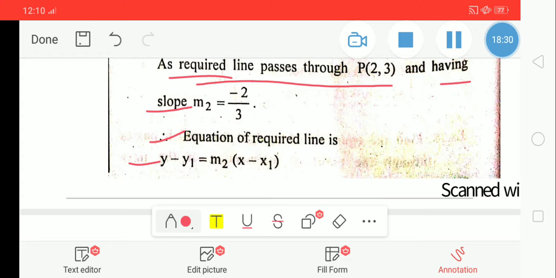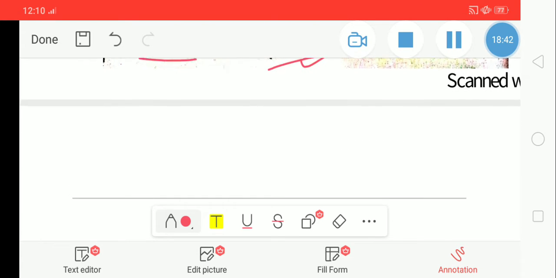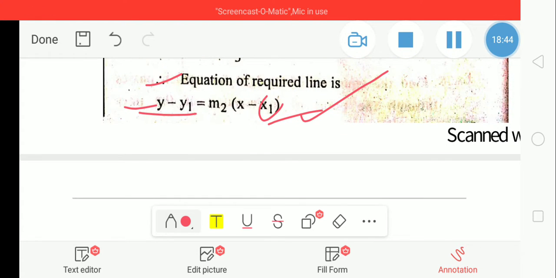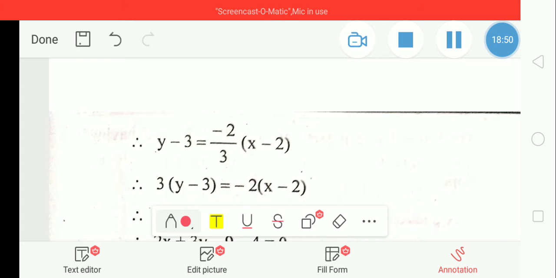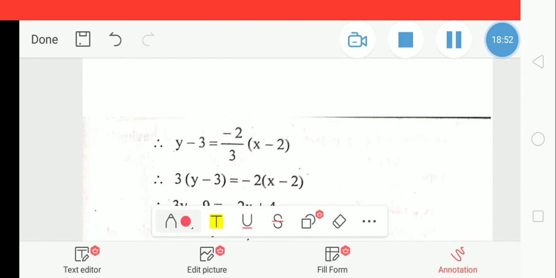Where did we write this from? From the point slope form of a line. So y minus y1 is equal to m2 times x minus x1. So put the values of x1, y1 and the slope. So we get y minus 3, slope is minus 2 divided by 3, times x minus 2.